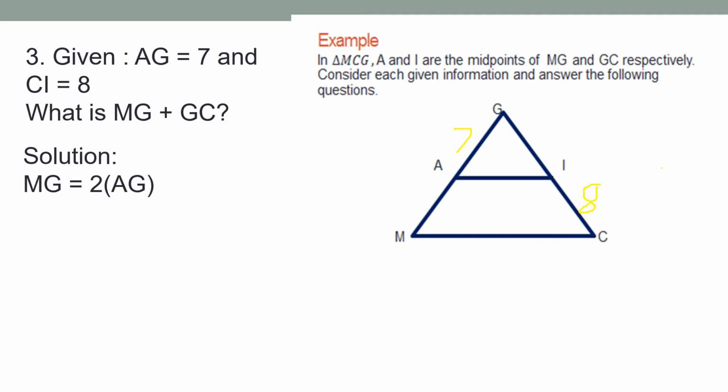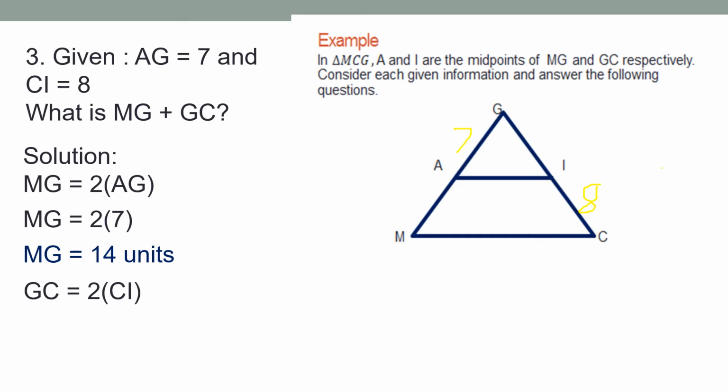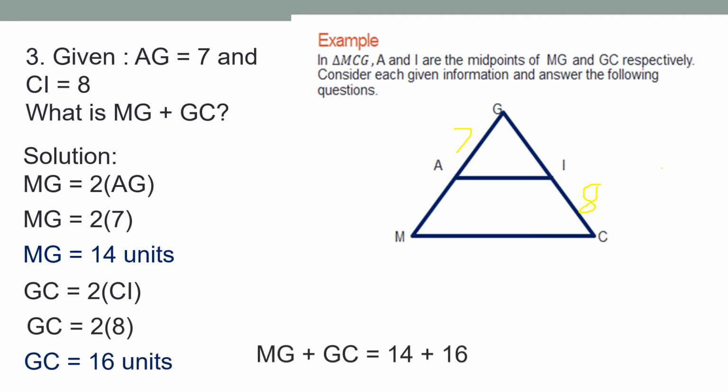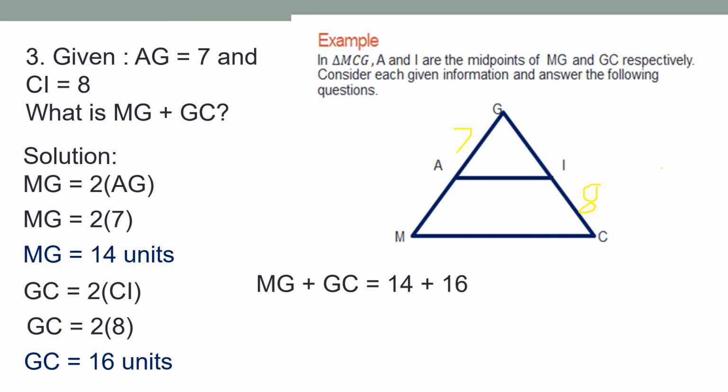Given AG is 7, 2 times 7, MG is equal to 14 units. GC is equal to 2 times CI. CI is equal to 8. So 2 times 8, GC is equal to 16 units. MG plus GC equals 14 plus 16. 14 plus 16 is equal to 30 units. That will be the length of MG plus GC, 30 units.